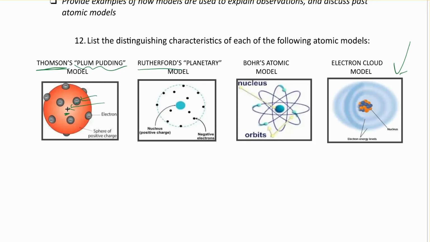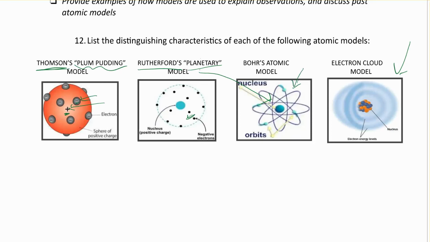Moving on to Rutherford's model, or the planetary model. Actually, these pictures are kind of mixed up, because Rutherford's picture would have looked more like that. That's the typical Rutherford picture that we have. Both these pictures work. This one just doesn't really show the Bohr model very well.